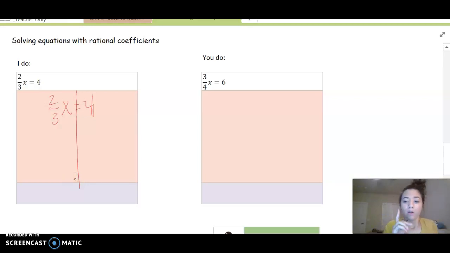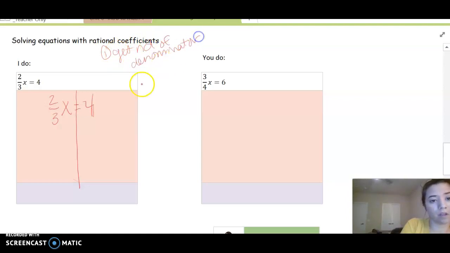Now, to get rid of a fraction, there's going to be 2 steps. We're going to first get rid of the denominator, and then get rid of the numerator.